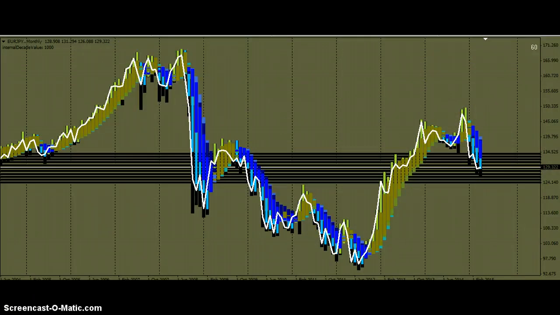Okay, here's Euro Yen. This shouldn't be anything difficult. Surely you can find 3 tops. Here's 3 tops. Drag that over. Create a window.